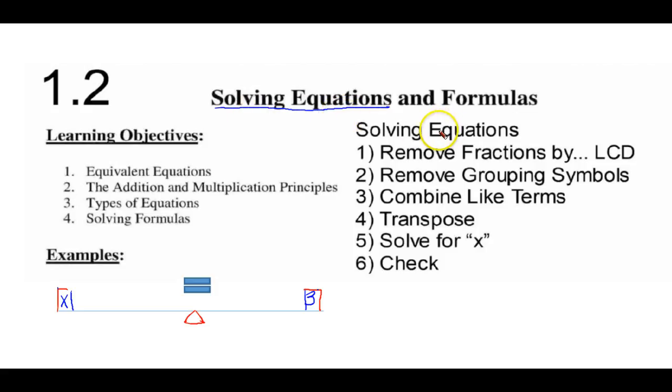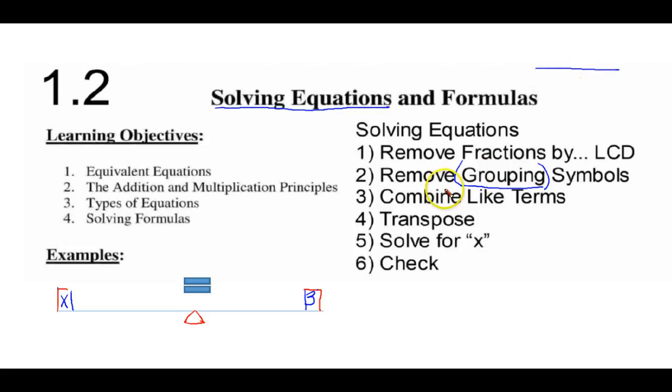Now, the protocol, now that we can look at it, is that we remove fractions by multiplying every term by the least common denominator. And I'll review that with you. Once we get rid of the fractions, all right, going on, we want to remove grouping symbols, and mostly these are parentheses, but sometimes they could be a fraction bar.